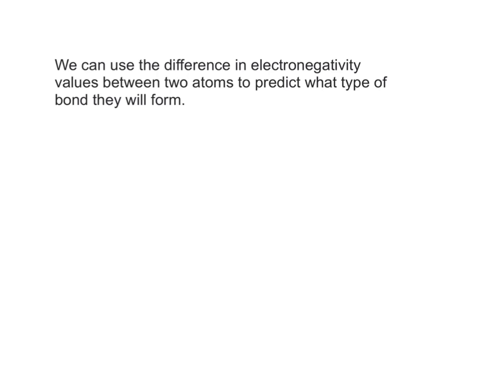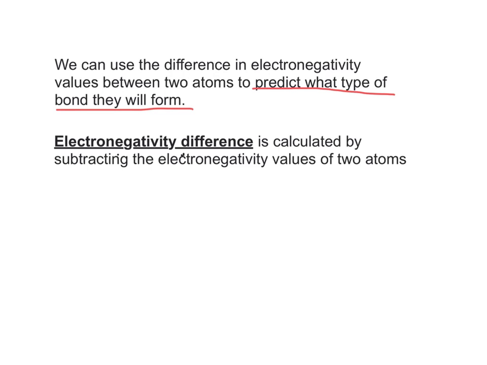So the reason we look at electronegativities is because we can use the difference in electronegativity to predict what type of bond they're going to form. So that's called looking at the electronegativity difference. And the electronegativity difference is basically calculated by subtracting the electronegativity values of the two atoms. So we look at our example of HCl.